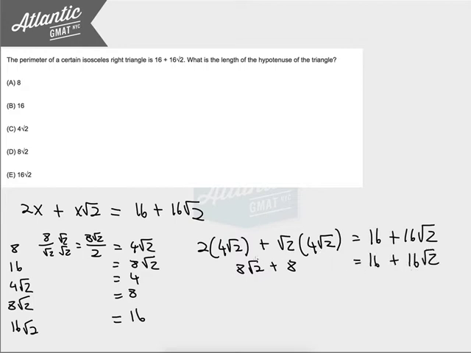And you can see that this definitely does not equal this. So that means that 8 is not the right answer. So let's go ahead and try the second one.